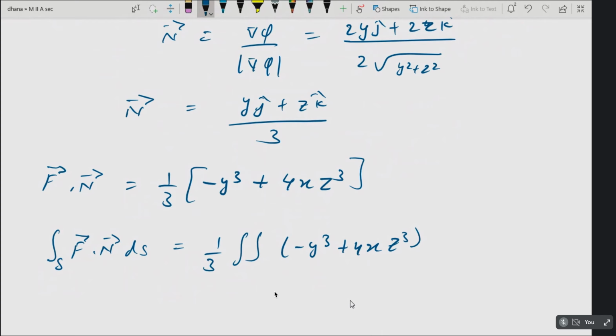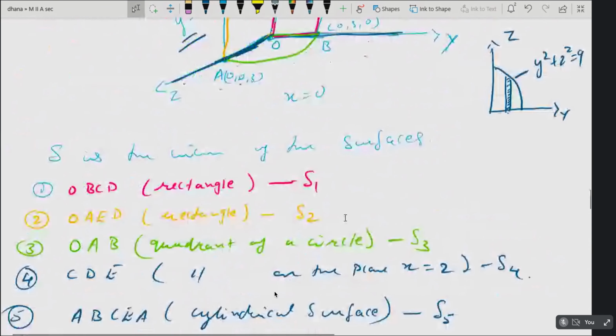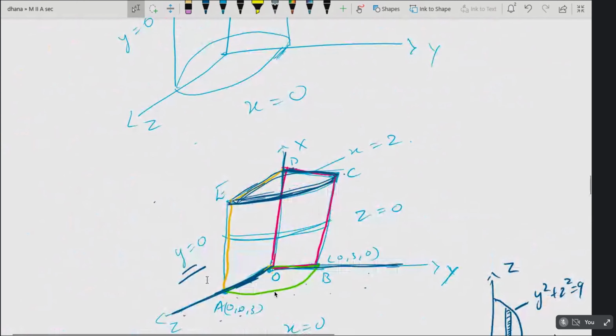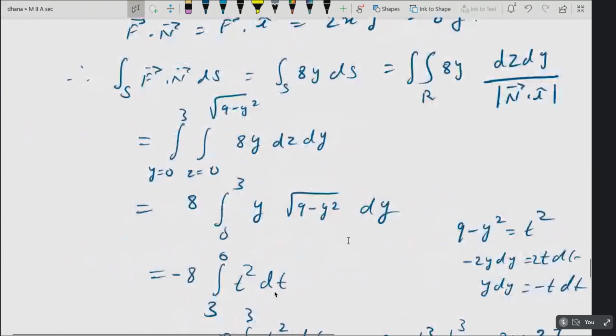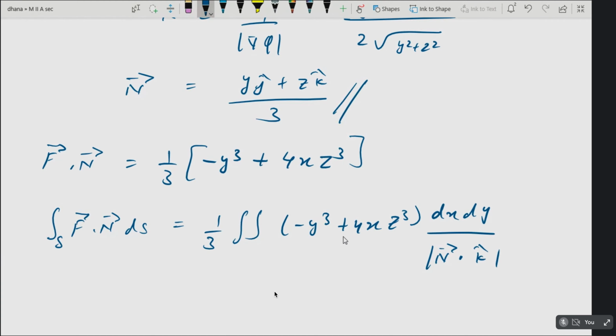For a change I will take it on the xy plane. When I take it on the xy plane, ds will be dx dy divided by n cap dot k cap. N cap I have just calculated.